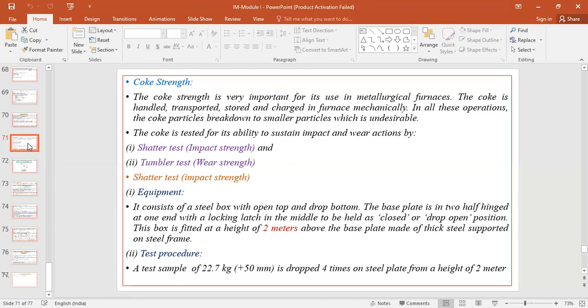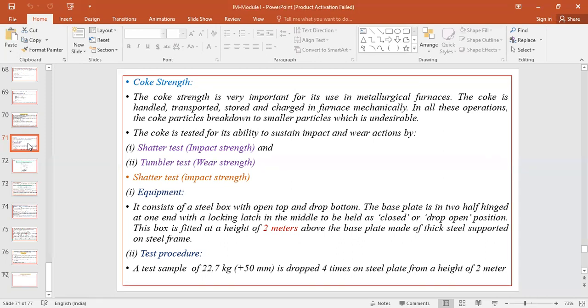During its motion, there is a very high possibility of abrasion between the particles, because we are using different kinds of raw materials with different sizes and shapes.